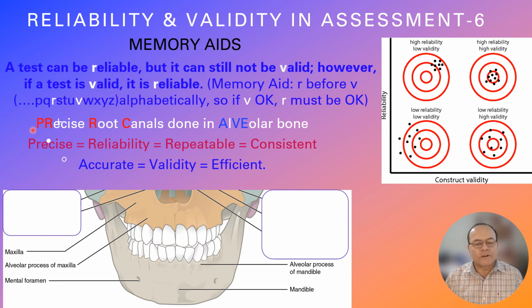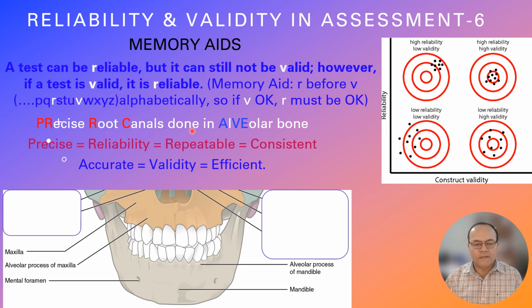These first four in red are precision, reliability, repeatable, consistent. They're all describing reliability. Accuracy, validity, efficiency are all describing validity. Accurate, valid, efficient.